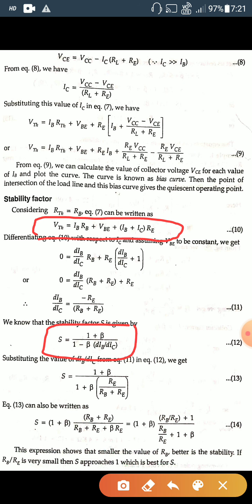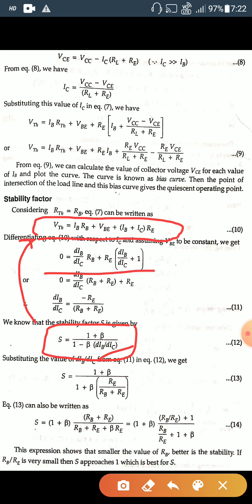For this reason, you have to do the differentiation with respect to IC. If you differentiate this equation with respect to IC, the value will be 0 is equal to RB dIB/dIC plus RE (dIB/dIC plus 1). You just do your homework in your copy also, to identify if this is coming or not.